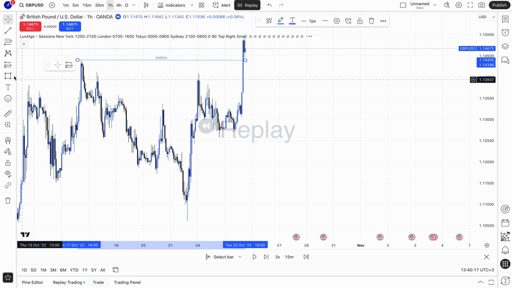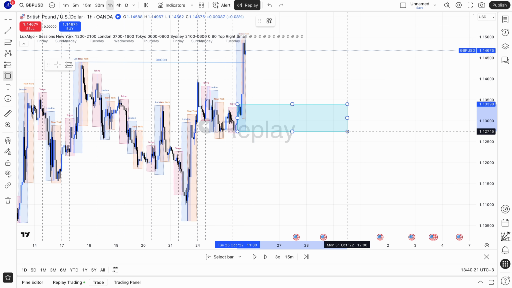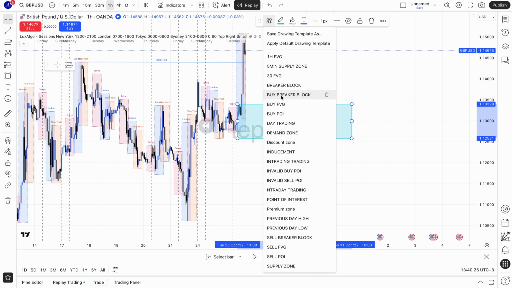Then we need to see here the last sell to buy is our first demand.